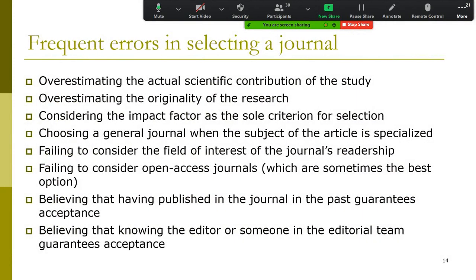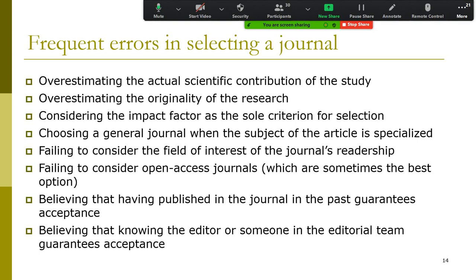There are some frequent errors in selecting a journal. I have taken this list from an article. So the authors, overestimating the actual scientific contribution to the study. So sometimes we did a research and we overestimate our contribution.